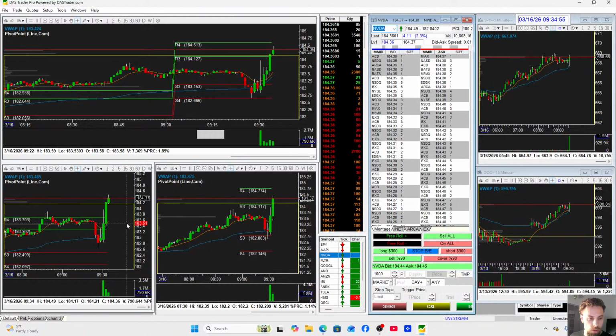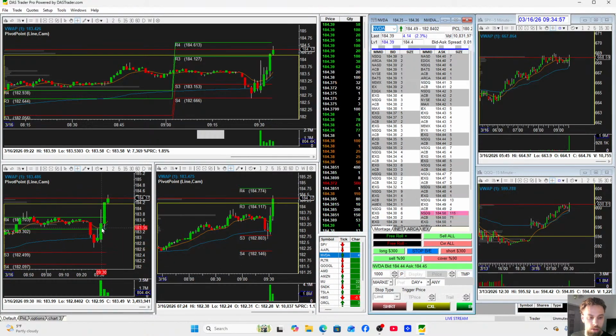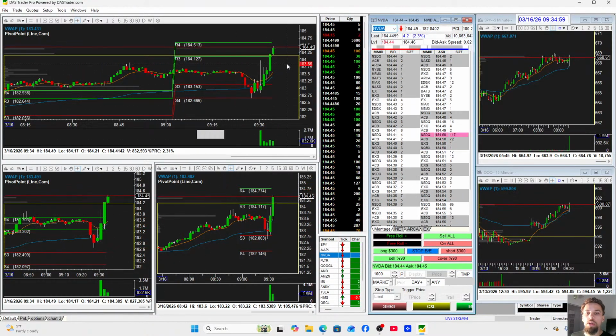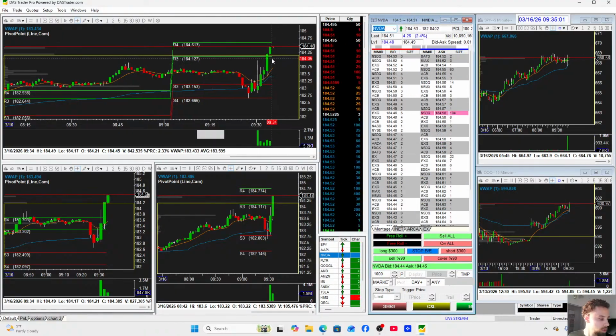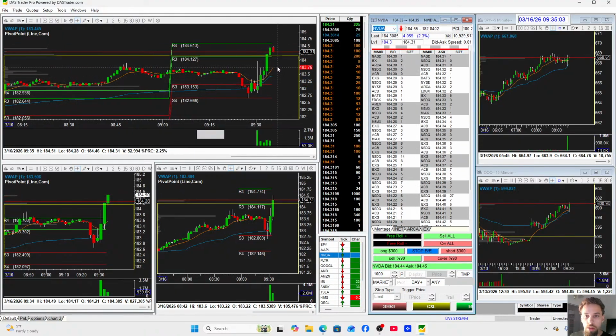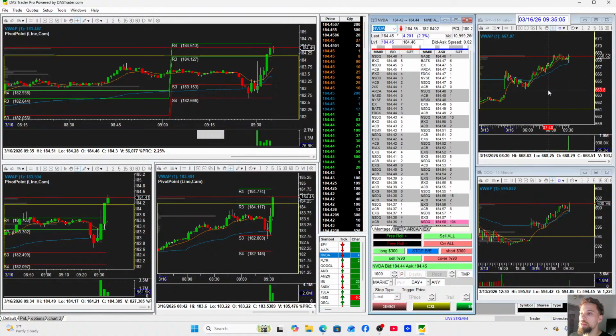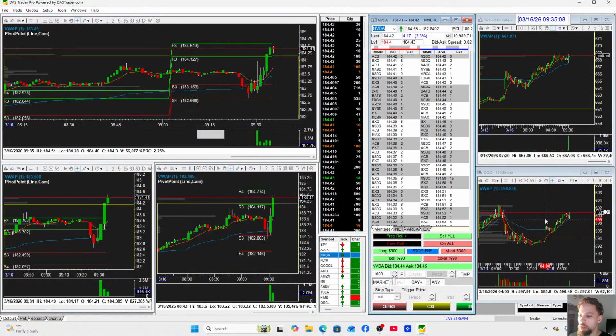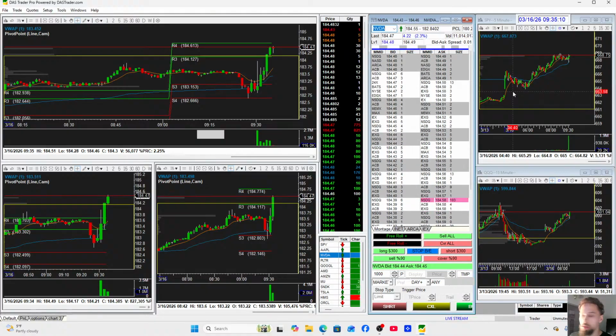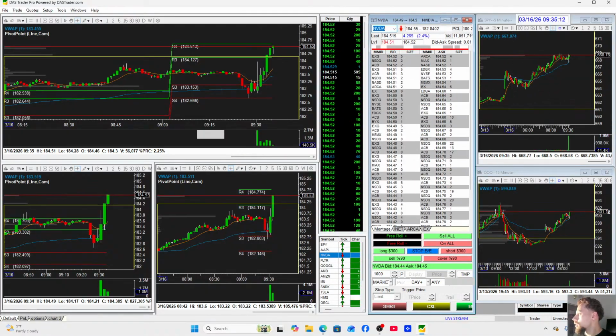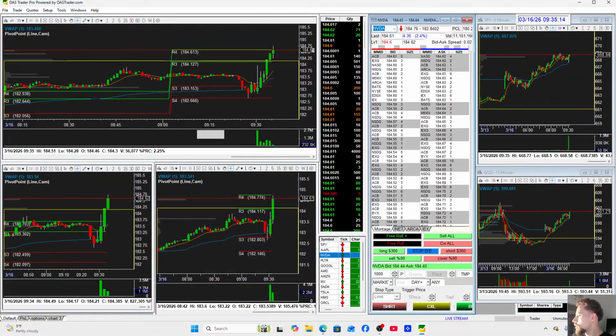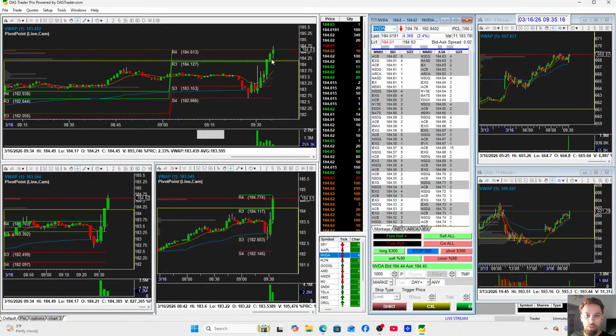Let's go to Nvidia here. Pretty bullish here on Nvidia. Everything's really strong right now. SPY and Qs are looking rather bullish. Just watching the price action here, guys.